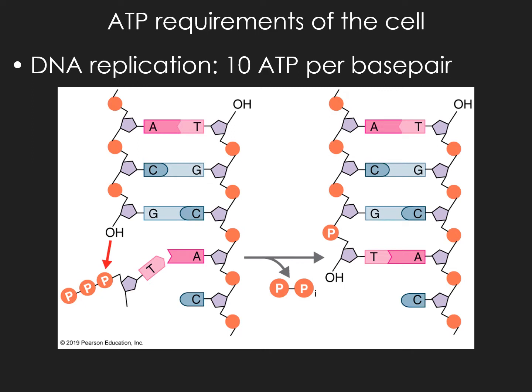Notice here that in order to replicate DNA, for every base pair you add of those 3 million, there is a requirement for 10 ATP, which means to replicate the chromosome takes about 30 million ATP. So no small amount of catabolism is required in order to just make the DNA.